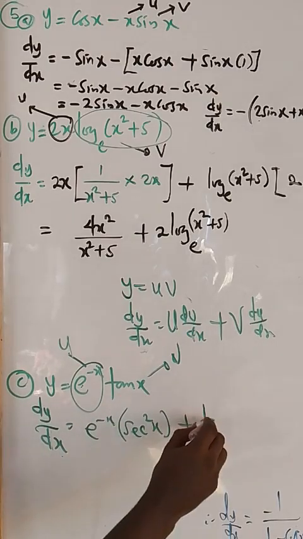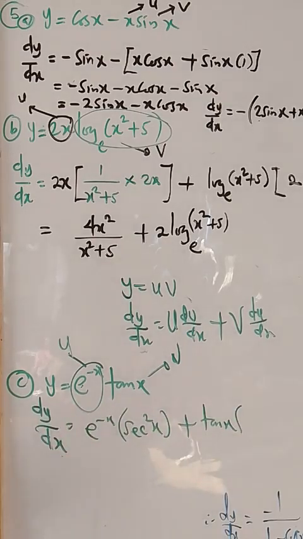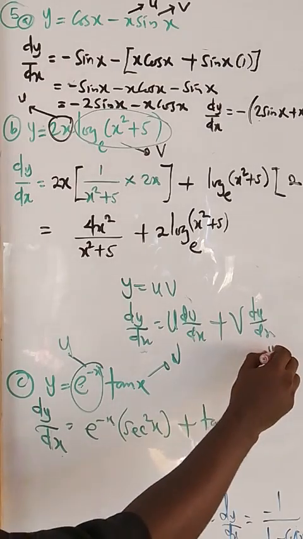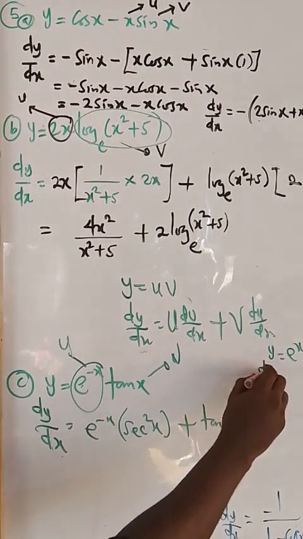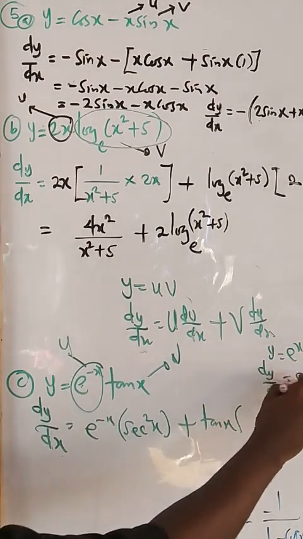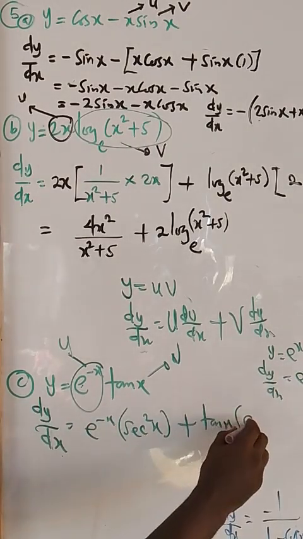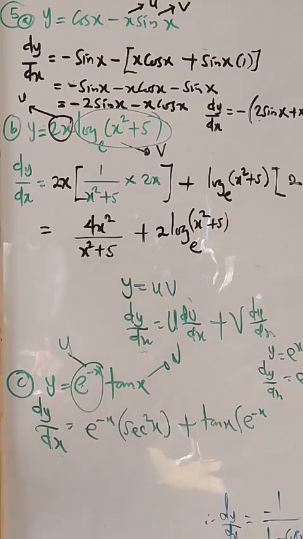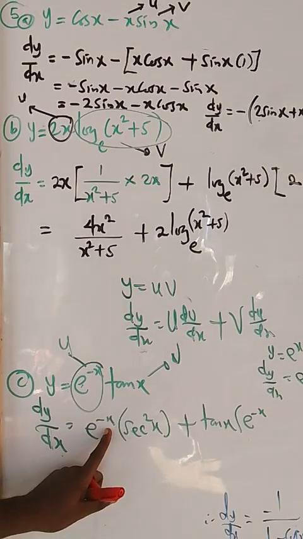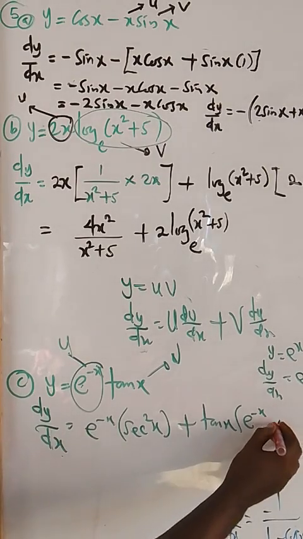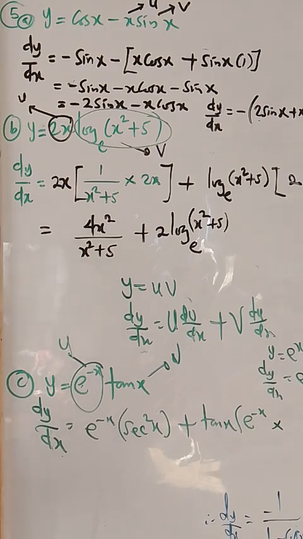Plus, leave the second, tan x. Differentiate the first. If y is e raised to x, dy/dx equals e raised to x. So if you differentiate e raised to minus x, the answer is still e raised to minus x. But if you notice, what we have is not x, it is minus x. You now multiply by the differential of minus x itself, minus 1.